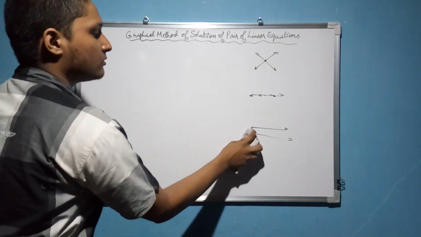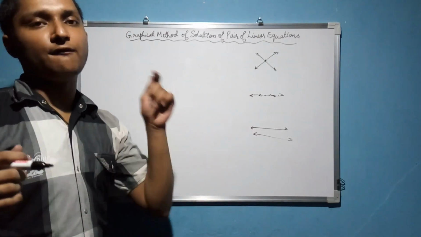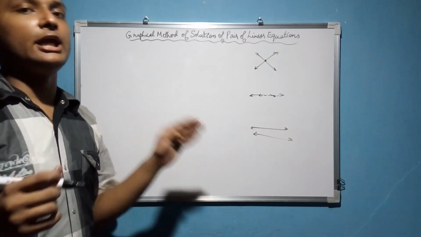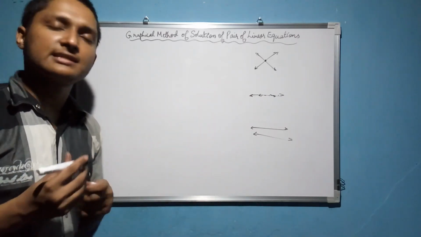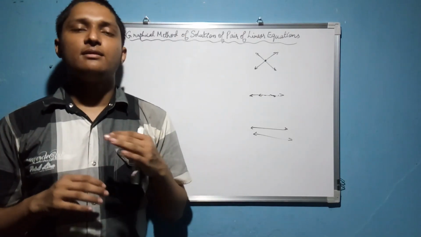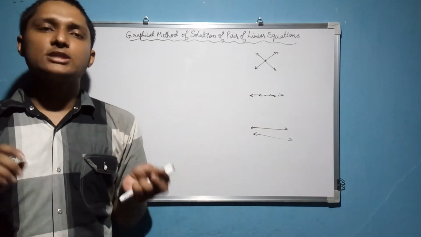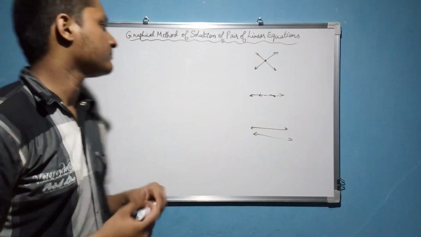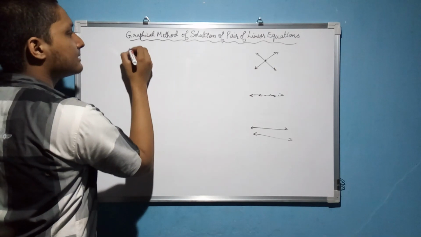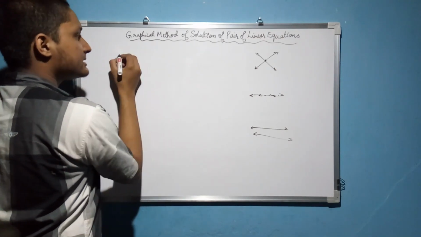We compare the values of a1, b1, c1 and a2, b2, c2 in the general form of the pair of linear equations in two variables: a1x plus b1y plus c1 equals 0 and a2x plus b2y plus c2 equals 0.